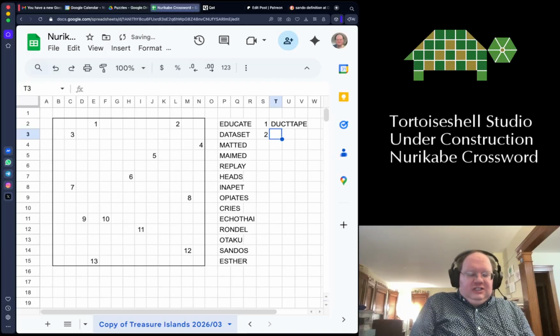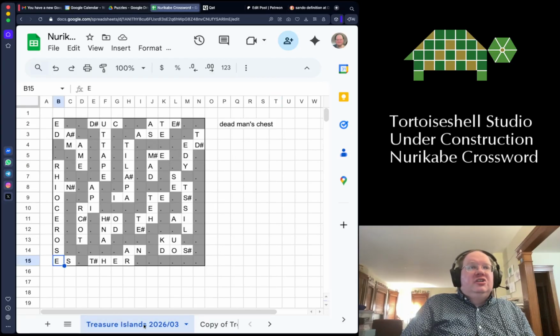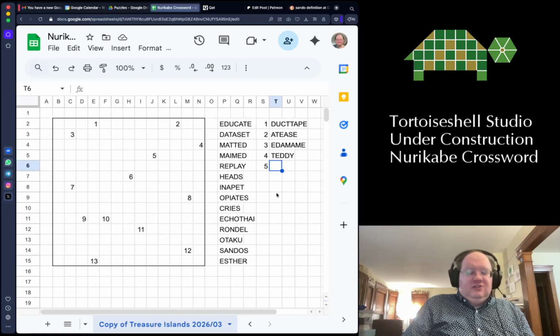Two is at ease. Three is edamame. Four is, is it Teddy? Yeah, Teddy. Five, mead, tilapia, rhinoceroses.